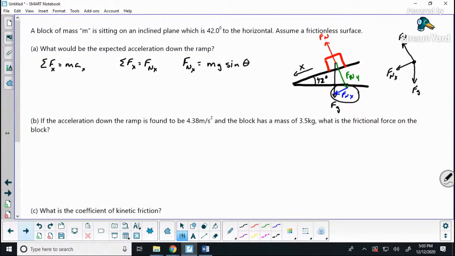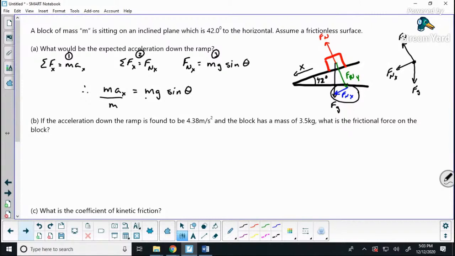So I can take this information and the relationship between these three equations. Well, if my first equation, net force in the x equals mass times acceleration in the x, but my net force in the x equals my force normal in the x, and force normal in the x is mg sine theta, therefore mass times acceleration in the x would have to equal mg sine theta.